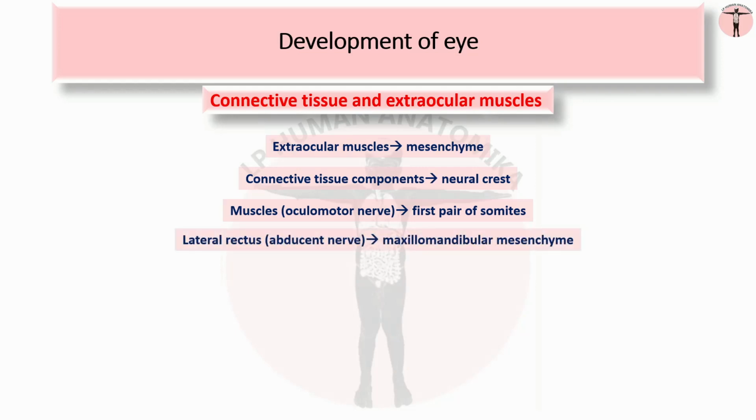The lateral rectus muscle, innervated by the 6th cranial nerve or abducent nerve, develops from the mesenchyme of the maxillomandibular area. The superior oblique muscle, innervated by the 4th cranial nerve or trochlear nerve, is derived from the 2nd pair of somites. The newborn exhibits poorly coordinated eye movements during the early years, indicating that the extraocular muscles are not fully developed.